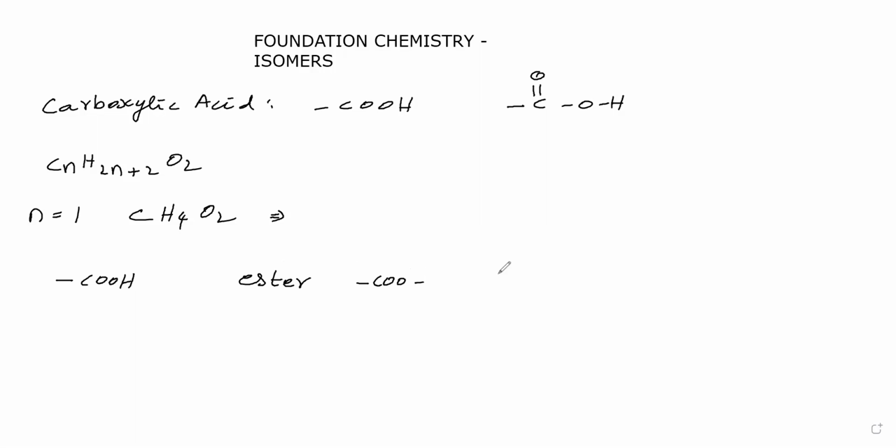This we can write as C single bond O. So ester also contains 2 oxygen atoms. Ester is one functional group and carboxylic acid is one functional group. So for this, these 2 are possibilities, whether they are there or not, we'll see.